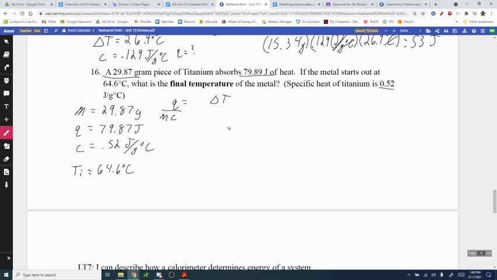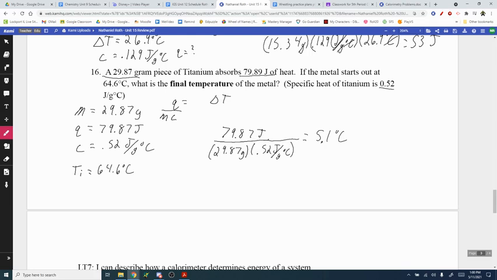Okay, so our Q, 79.87 joules, divided by our M, 29.87 grams times our C, which is 0.52 joules per gram degree Celsius. And for that, we get 5.1 degrees Celsius.